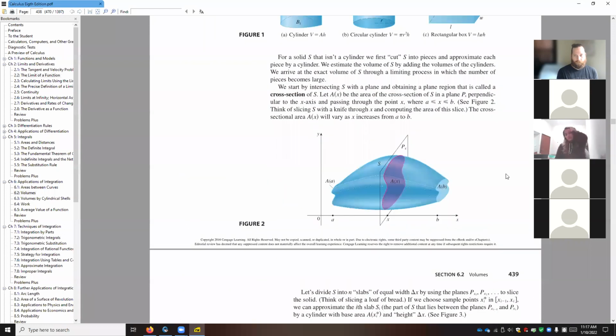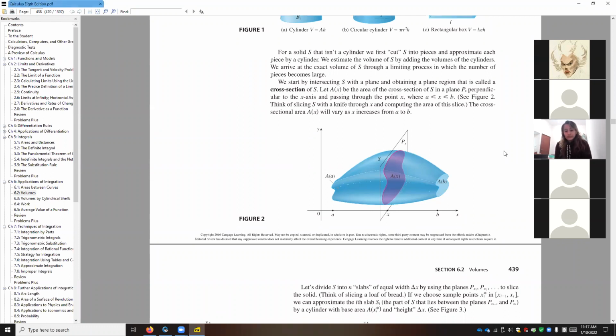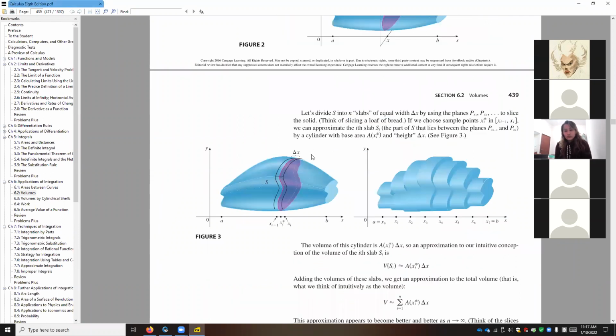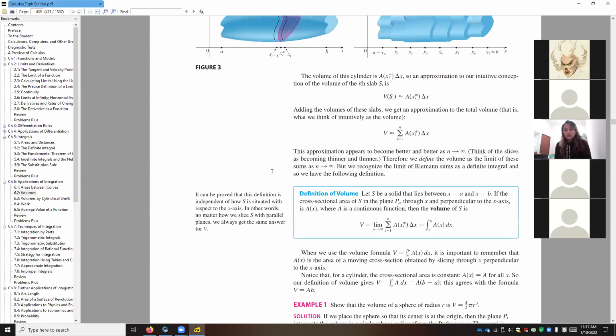Here it is. All right, so here you can think of this big three-dimensional solid as being made up of a bunch of very thin slices like these. If you can find a formula for the area of that cross-section, then you multiply by dx and integrate, right? Here they're showing it with delta x's, and you're thinking of these as being little Riemann sum things. But that's the end result.